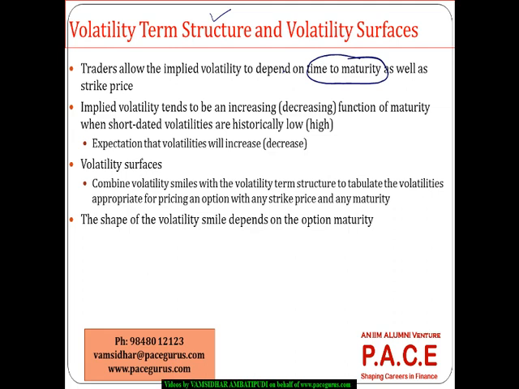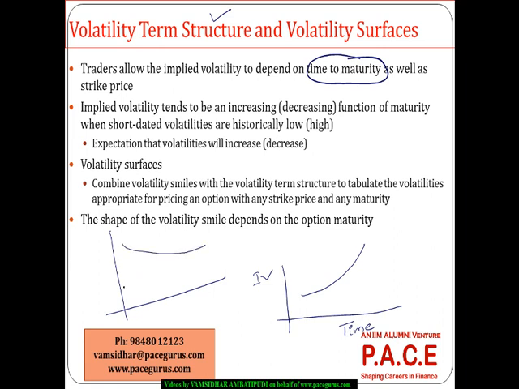With respect to time to maturity, if I am trying to understand the implied volatility or the volatility smile with respect to the time to maturity, then we are talking of a term structure. So if I am taking the time to maturity here and the implied volatility here, either I could get a graph like that or probably I could get a graph like this.